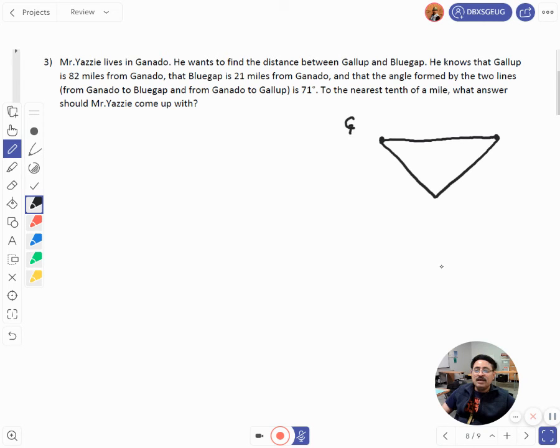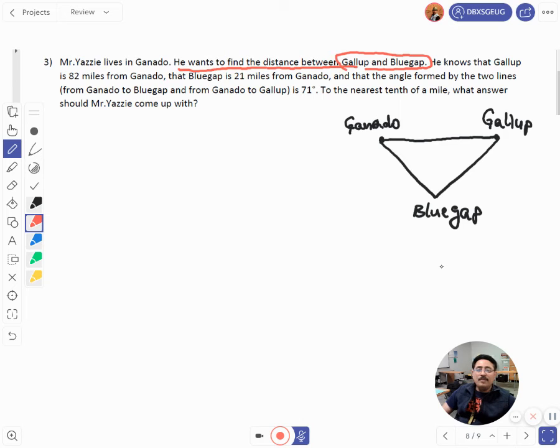So here is Ganado, and here is Gallup, and here is Blue Gap. Okay, so he wants to find the distance between Gallup and Blue Gap. So this is to be computed.